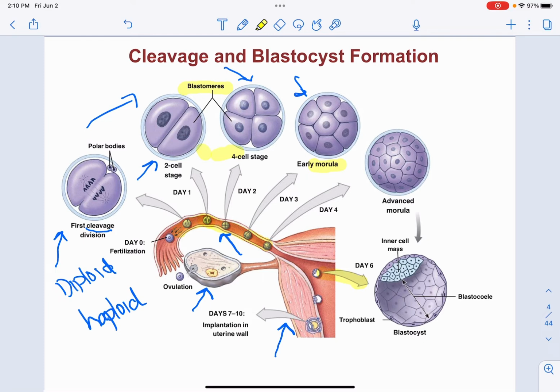This solid ball of cells, which you can see here in the morula, becomes a hollow ball of cells. And some of these cells secrete a lot of fluid, and you get a fluid-filled cavity called a blastocele. This new structure is called a blastocyst, right here.